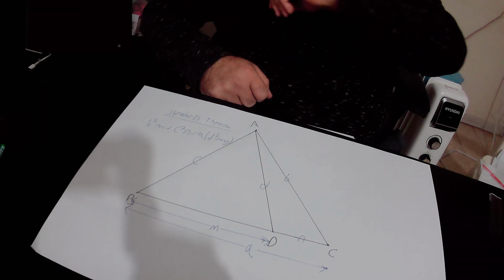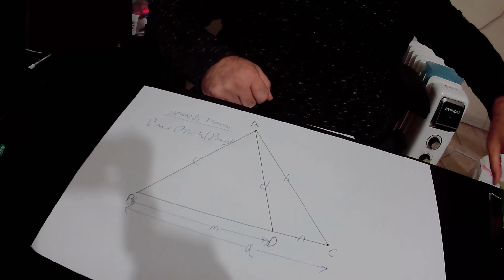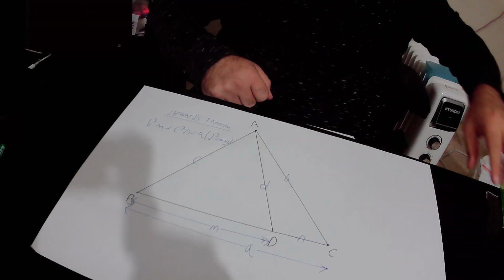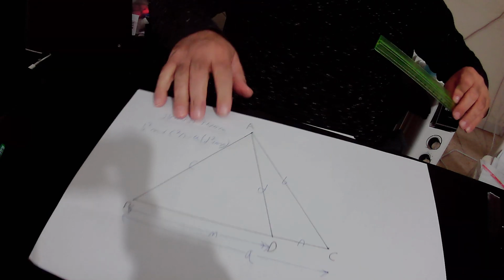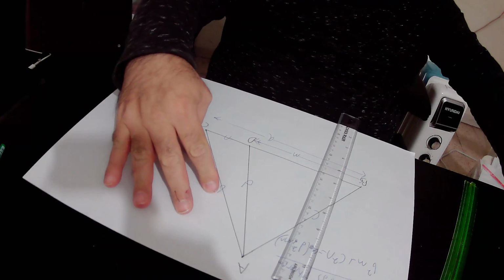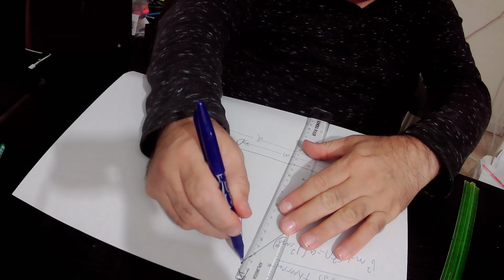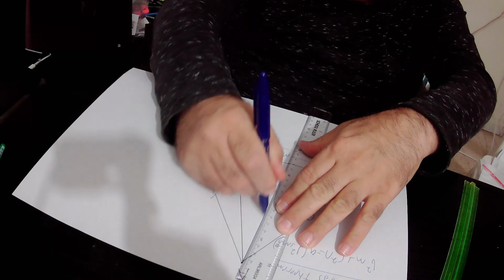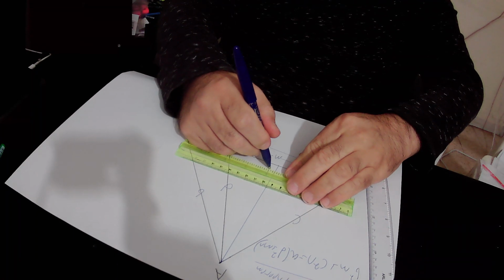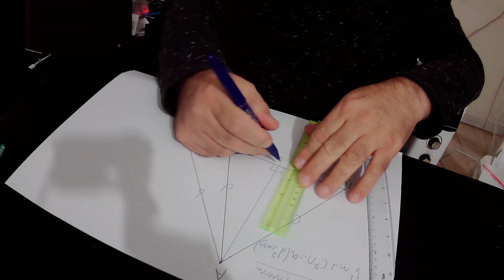In order to prove this equation, we will do a construction from point A. We will draw a perpendicular on BC. So this angle equals 90 degrees, and this angle equals 90 degrees.